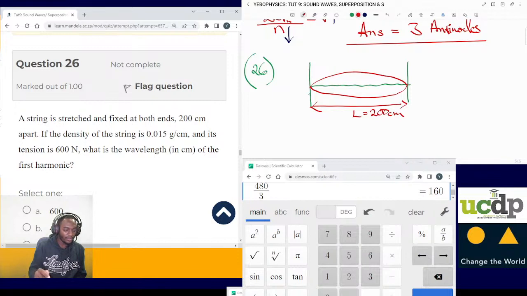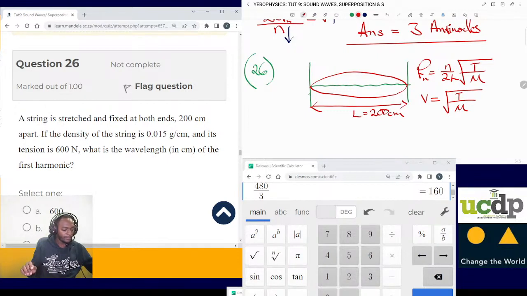where we can use the equation Fn = n over 2L times the square root of T over mu, and we can also use V equals the square root of F, which is the tension, over mu, right?